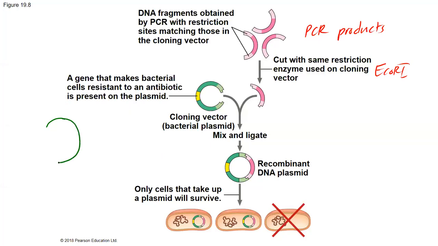So a plasmid like this. This is the cloning vector. It can also be cut with the same restriction enzyme, and now we have sticky ends here and here.